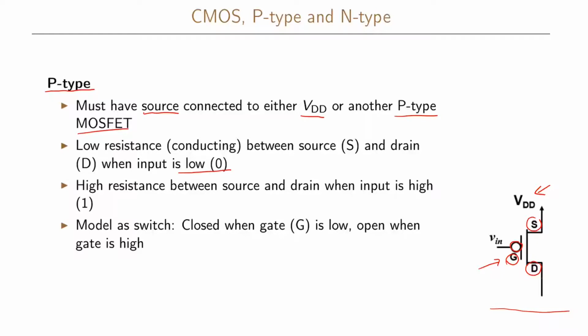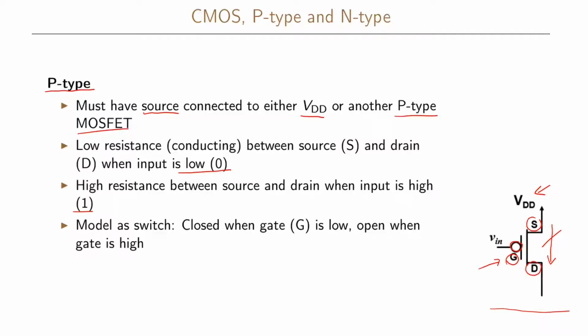So we will have this path here being conductive. But when the input is high, so when we have a 1 at the gate, it means that we have a high resistance between the source and the drain, so this can be seen as cutting off the connection between the source and the drain.